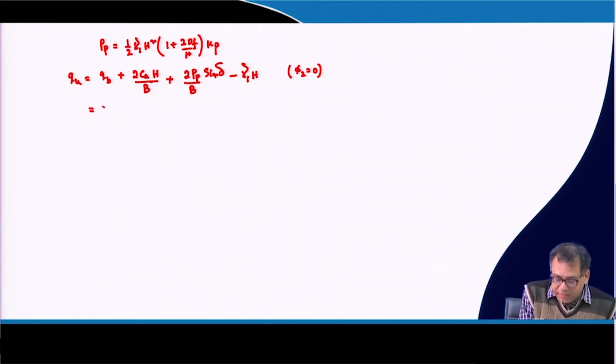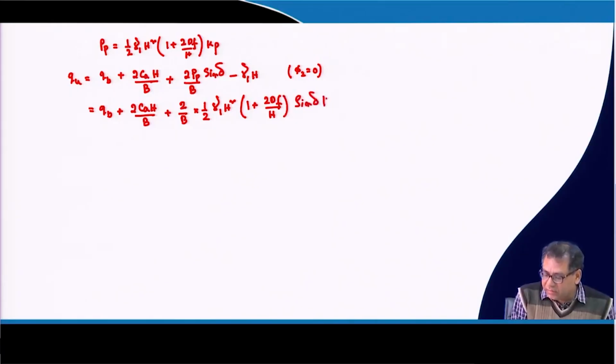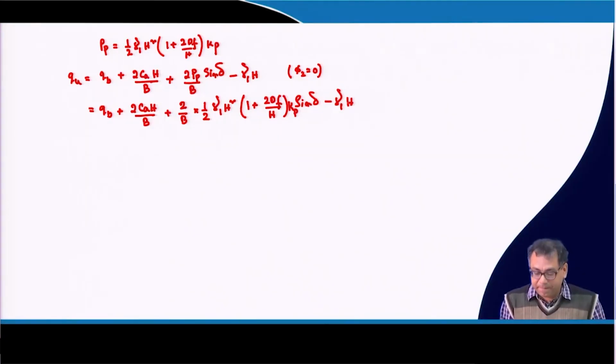So, now if I put this value, Qb plus 2 Ca into H divided by B plus 2B, Pp is half gamma 1 H square, 1 plus 2 Df divided by H, into Kp sin delta minus gamma 1 H. Okay.